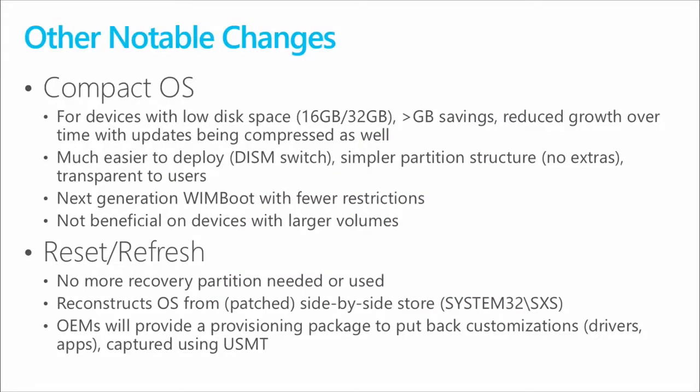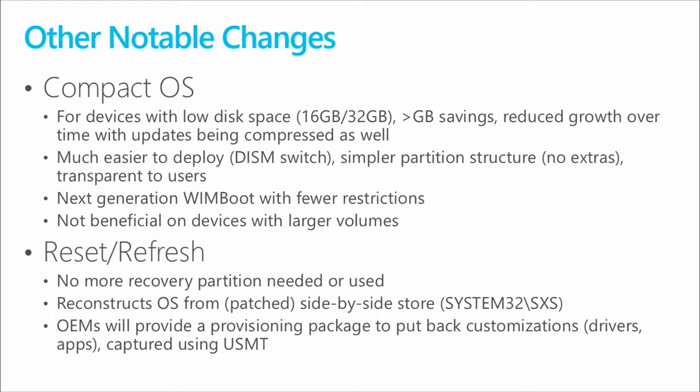And in terms of some of the other things that have happened, I think there are going to be a lot of folks out there that might have gone for some of those lower cost devices inside of the enterprise that have very little storage capacity. What kind of things have we done there? We had a feature in Windows 8.1 called WIMBoot that enabled you to put Windows on a device that had a very small hard drive, 16 gig or 32 gig.